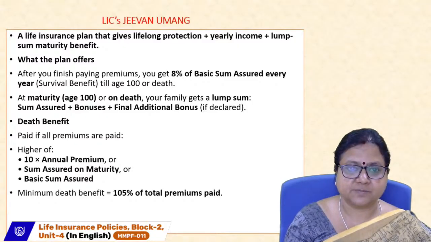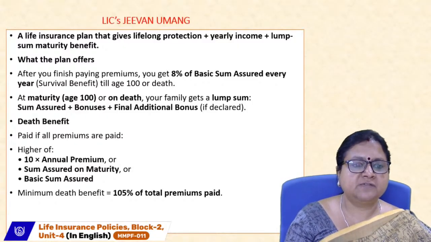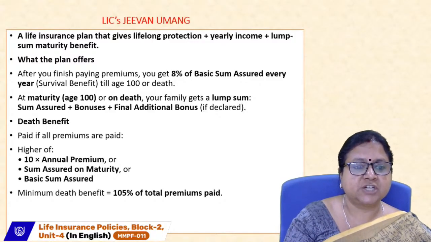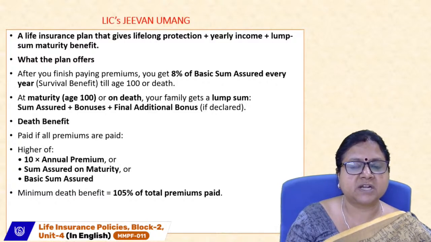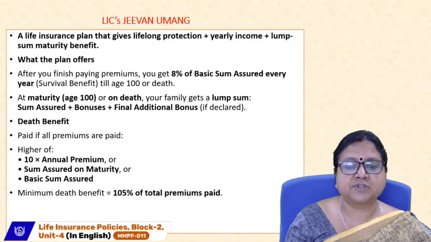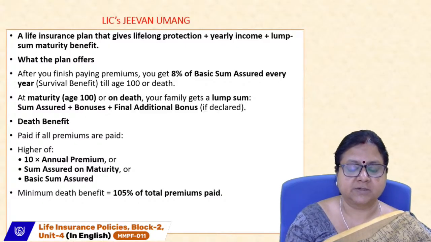The death benefit is paid if all the premiums are paid. The additional benefit is 10 times the annual premium or the basic sum assured, as the case may be. The minimum death benefit is 105% of the total premiums paid.